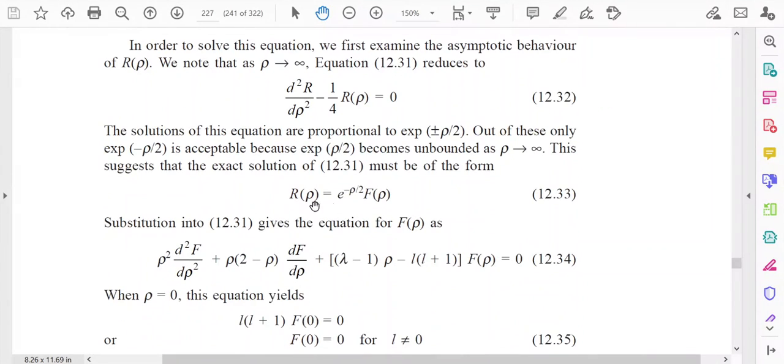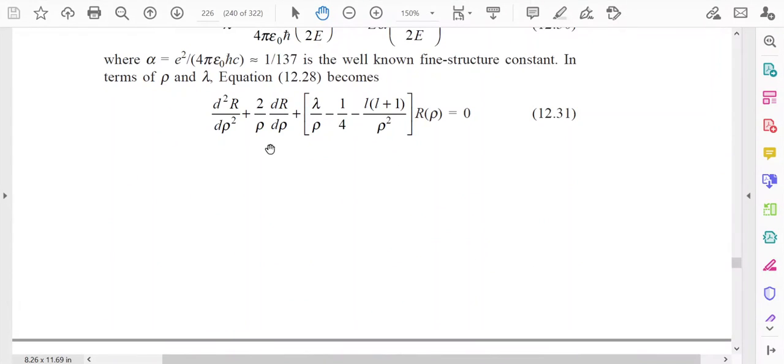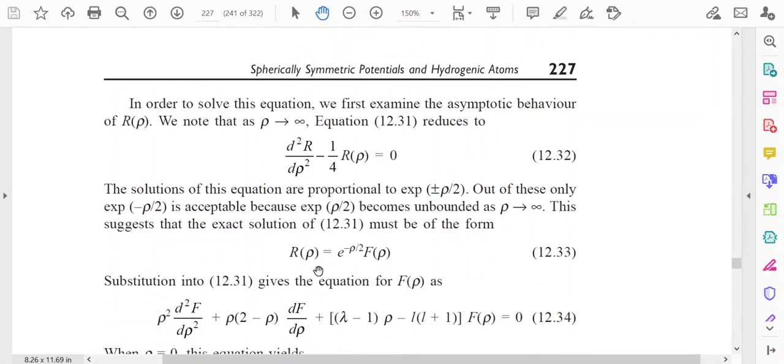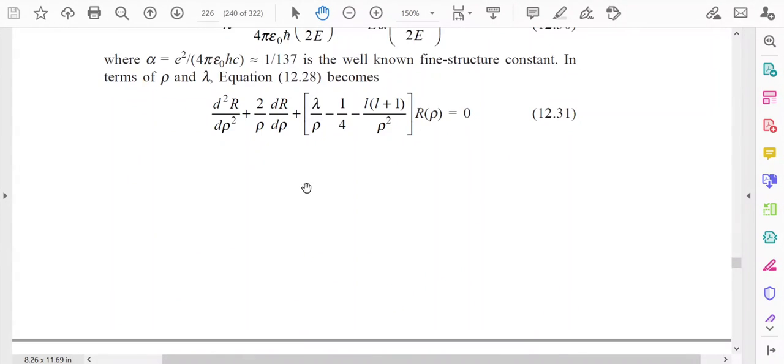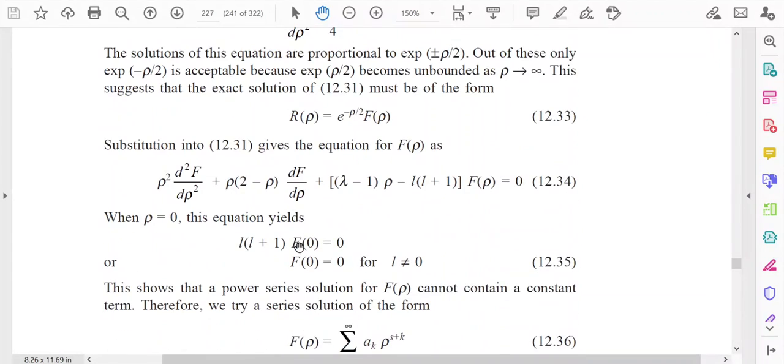Now, if we substitute the value of R in equation 12.31, then after some algebraic rearrangement, the equation becomes like this. This is given in equation 12.34.